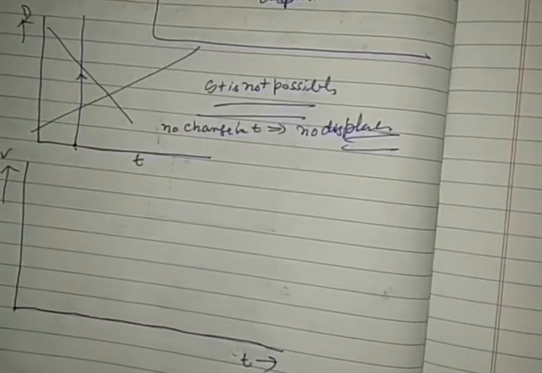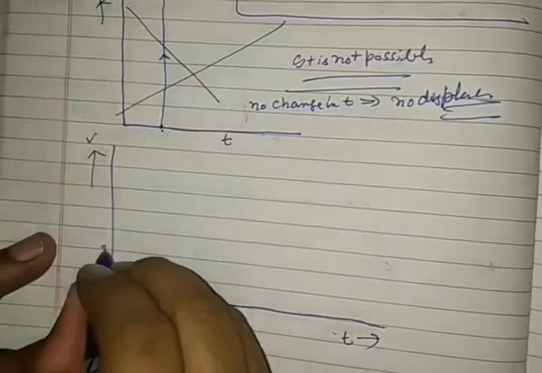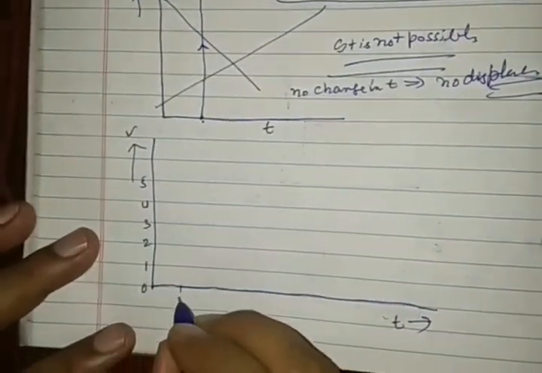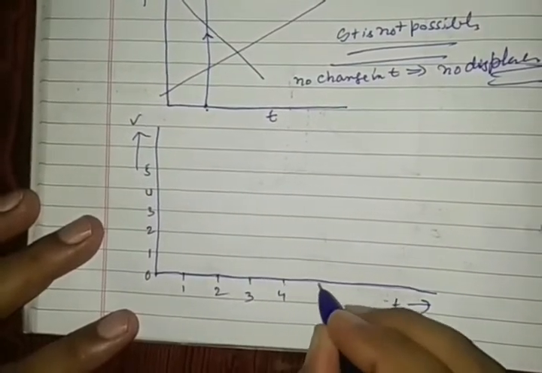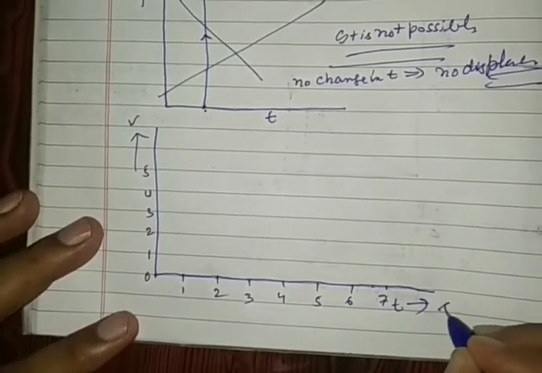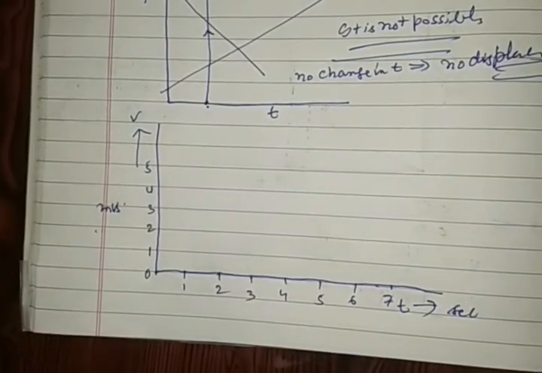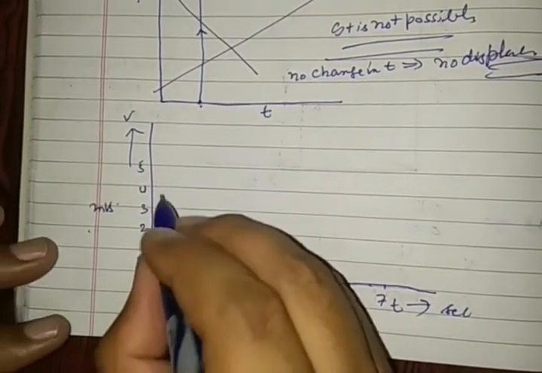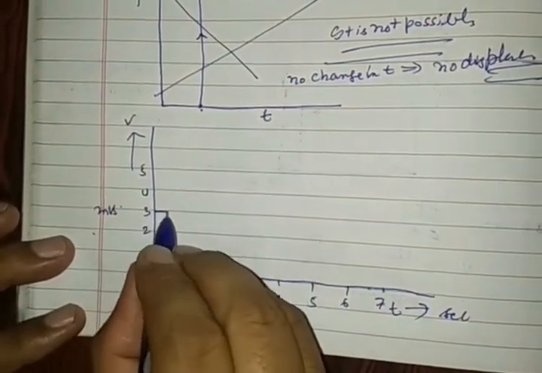We can make scales also 1, 2, 3, 4, 5 and so on. Here 0, 1, 2, 3, 5, 6, 7. It is in seconds. Let us take this as meter per second, and we are getting the formula in such a case.